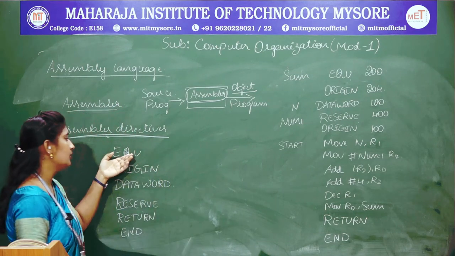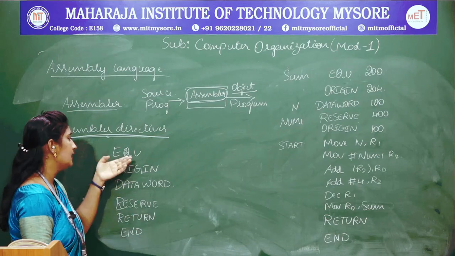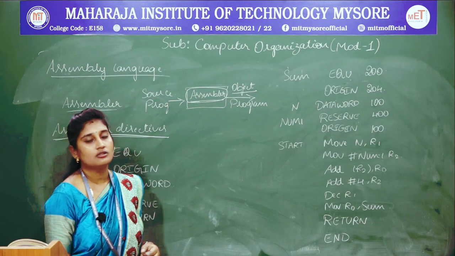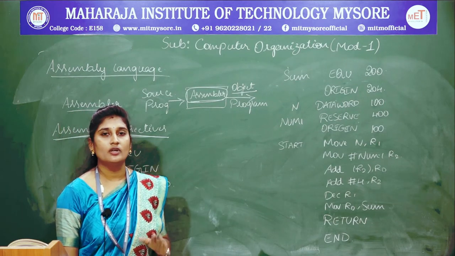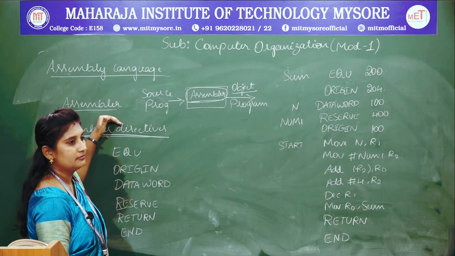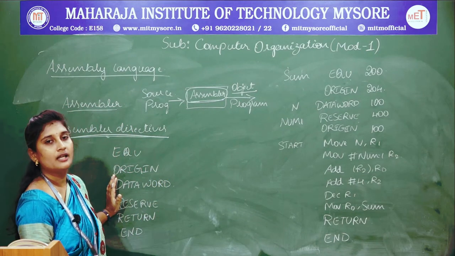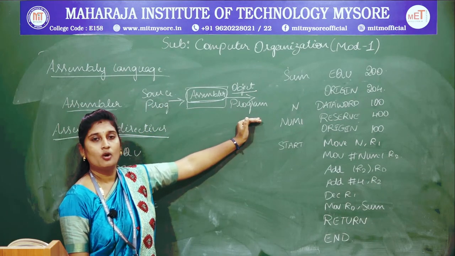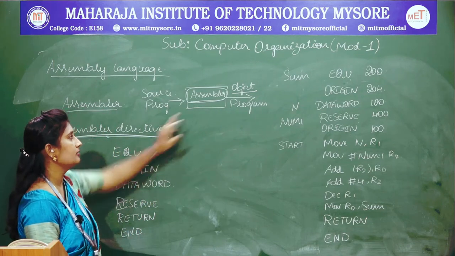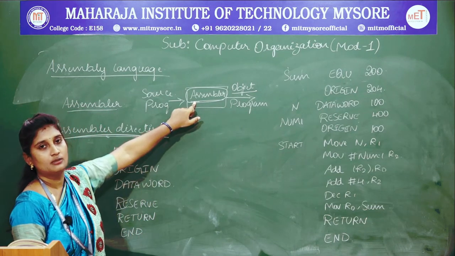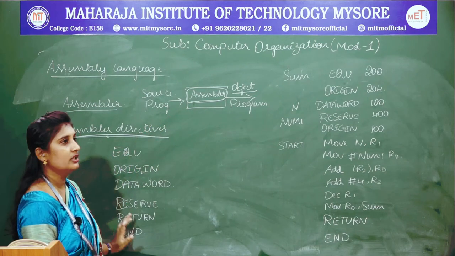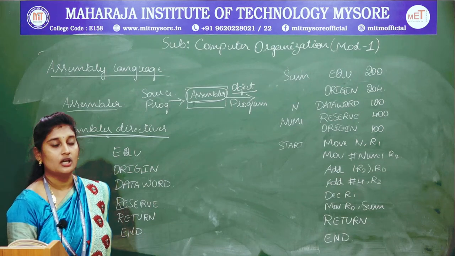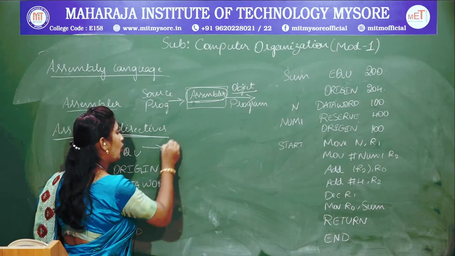These assembler directives which have been mentioned here, that is equ, origin, data word, reserve, return, end, are some of the assembler directives which will be called the commands of the assembler. These commands I need not change from my source program to object program. Why? Because these are the commands of the assembler or the commands of the system software. As soon as I enter these commands, I will understand what operation I need to perform. So this will be referred to as your opcodes.